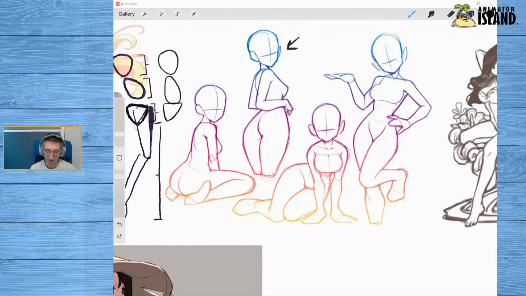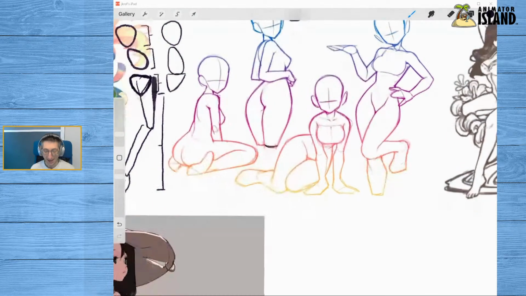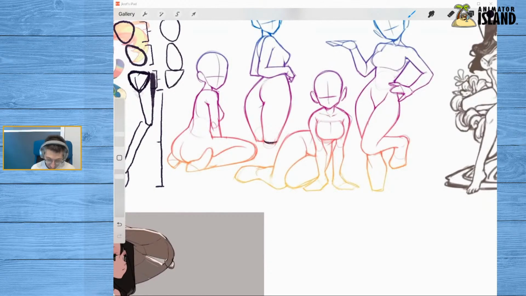But this character that we're going to talk about right now is mostly in a standing and reasonable perspective. But there's no legs here. What this artist did was cut her off at the knees for the sake of this composition, I imagine. So if we added the rest of the legs, we would probably get something like this.